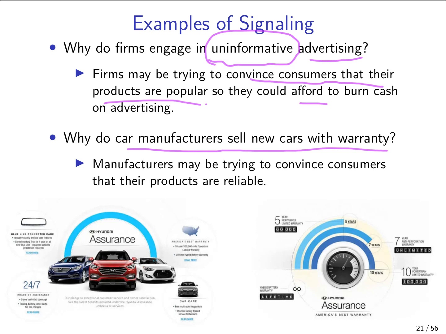So maybe the manufacturer is trying to convince consumers that their products are reliable, right? If they give a warranty and their products are not reliable, they will need to spend money to fix them. So you see that a car manufacturer may be trying to signal that their products are reliable by giving a warranty or a longer warranty.